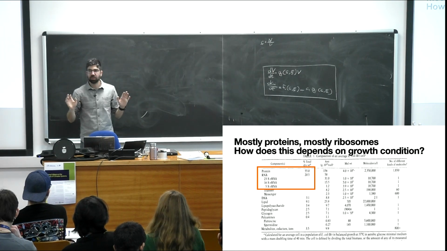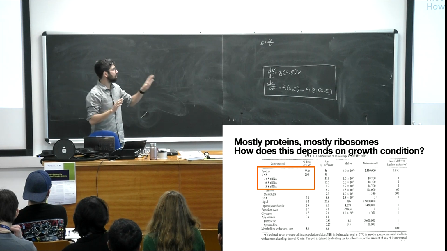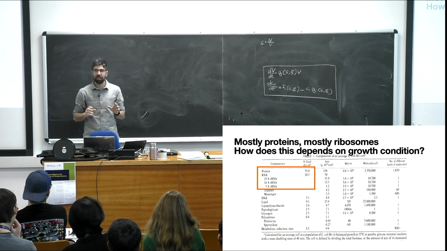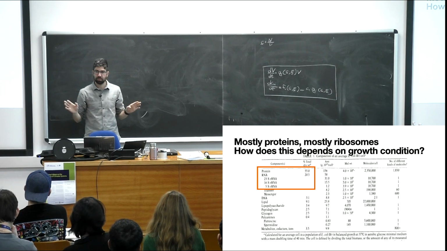Okay, so is the question clear? What we are trying to do is, we have these two categories here, and we want to measure how big these two categories are as a function of the conditions.